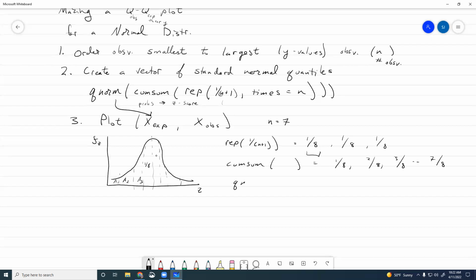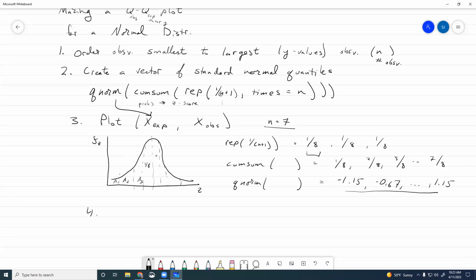And then we plug that into qnorm, and that's just going to give us the z-scores. And this is going to be -1.14, -0.67, all the way up to 1.15. So now these are our x values, and then we have our sorted data.